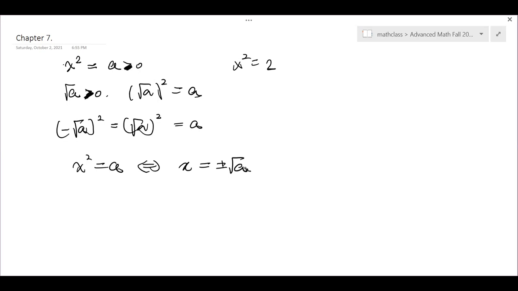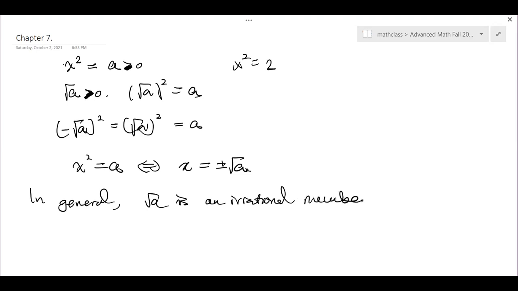And in general, the solution will be an irrational number, even if a is a rational number. In general, square root of a is an irrational number, such as square root of 2, square root of 3.